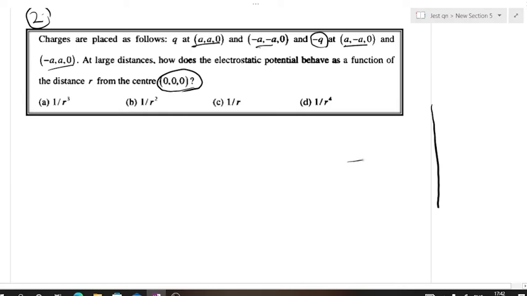Okay, let's visualize the question. This is the origin, and plus q.